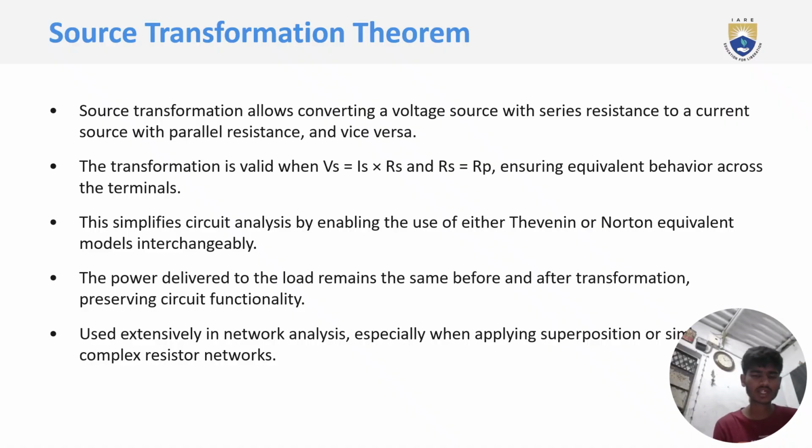This simplifies circuit analysis by enabling the use of Thevenin or Norton equivalent models interchangeably. The power delivered to the load remains the same before and after transformation, preserving circuit functionality. Used extensively in network analysis, especially when applying superposition or in complex resistor networks.